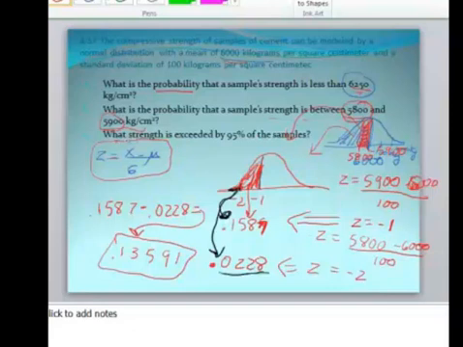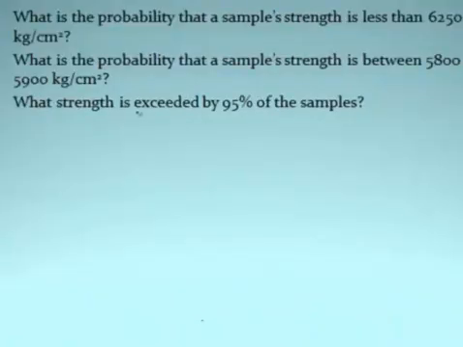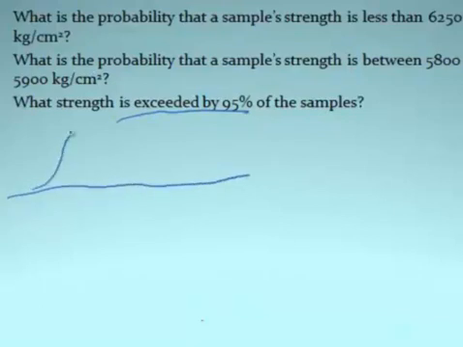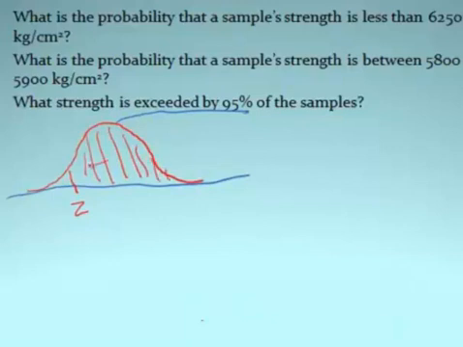Okay, so lastly, what strength is exceeded by 95% of the samples? Now the key word here is exceeded by. So that means, with our curve, exceeded by 95% of the samples, we need a z right here, where 95% of the samples are bigger than that.